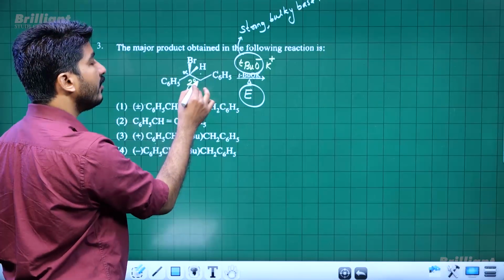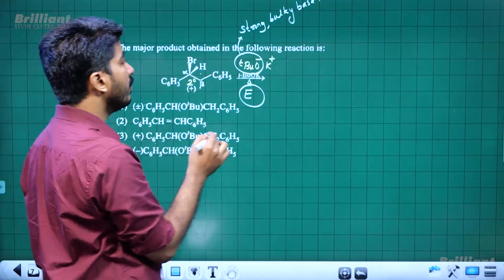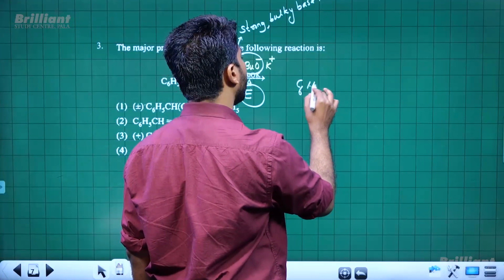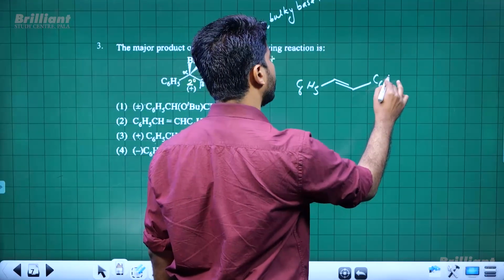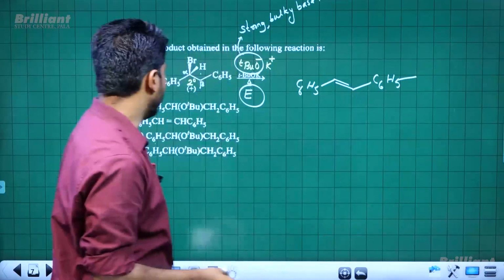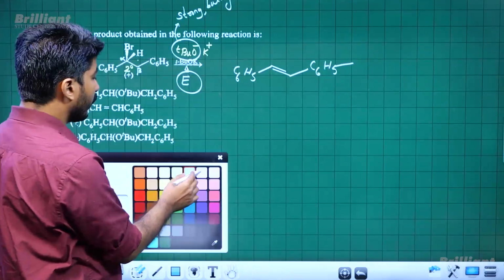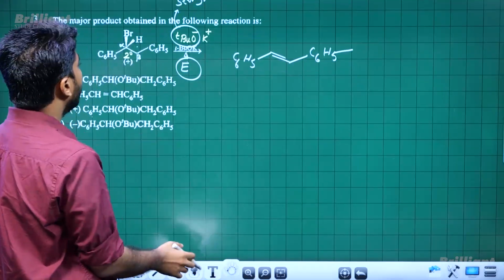We have alpha, their beta is also present, and alpha beta, we have C6H5, then this product formation C6H5 at the end. Okay, so we get elimination reaction because of the steric factors present in this medium, right?